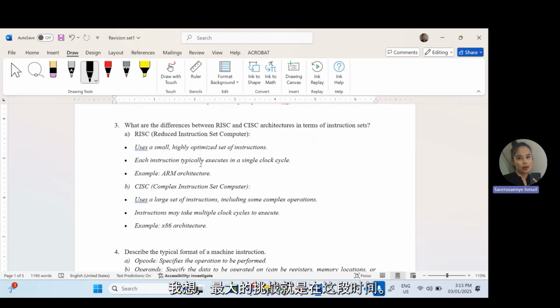So we have RISC, where the huge instruction set is broken down into smaller ones, each solving a certain problem, such as operations involving parallelism. You need to know the differences between complex and reduced instruction sets.